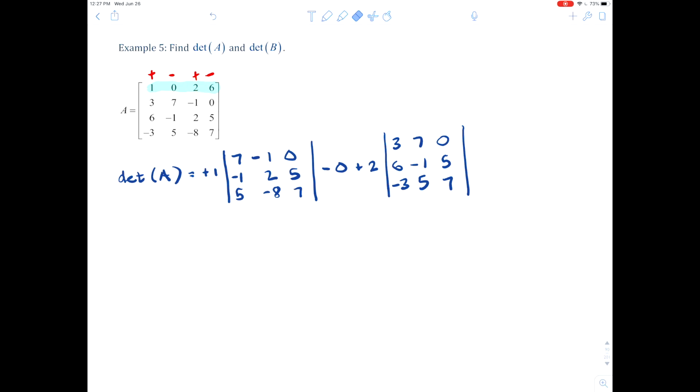Here we go. And then finally, our last one will have a minus 6 times the 3 by 3 determinant consisting of, circle the 6 here, cross out first column and first row. My resulting 3 by 3 determinant will be 3, 7, negative 1, 6, negative 1, 2, and negative 3, 5, negative 8.